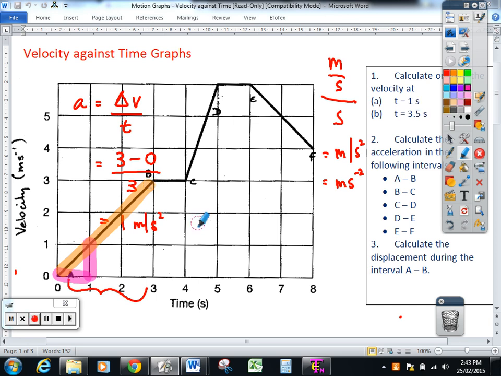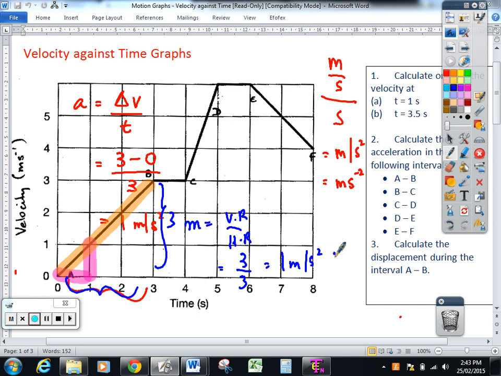Remember, the gradient is equal to vertical rise over horizontal run. The vertical rise here is 3. That's the change in velocity. Horizontal run here is also 3. That's a change in time, and it equals 1 metre per second squared, and it's moving forward, so it's a positive one.